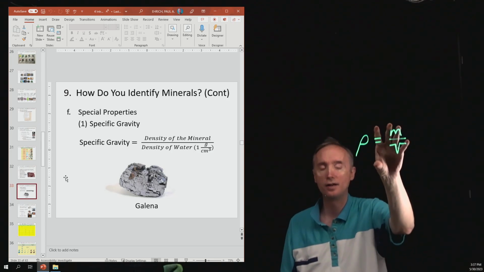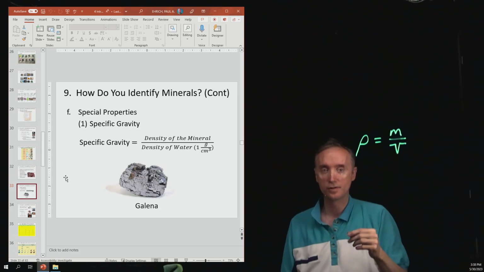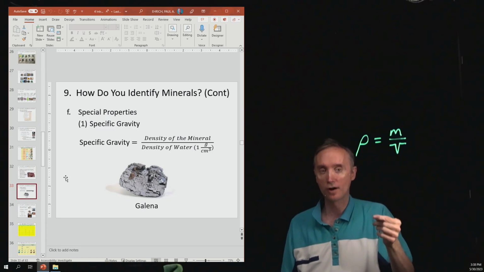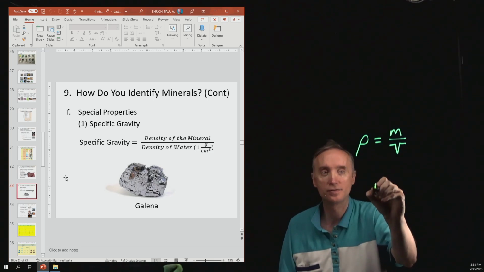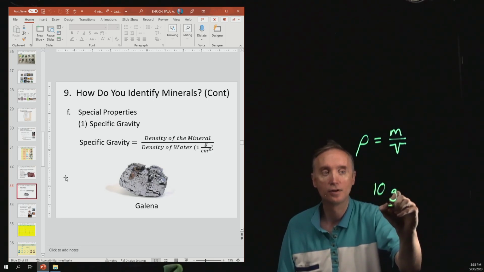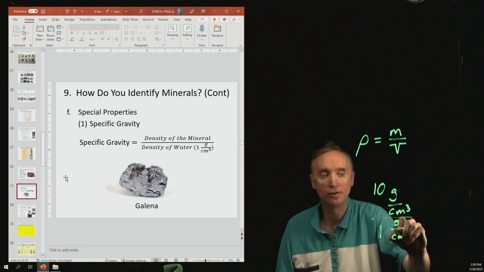Well, this is not really the way that most geologists think about density. Instead, they talk about specific gravity, which is the density of the mineral divided by 1 gram per cubic centimeter. Now, let's say that your density is 10 grams per cubic centimeter, and then you divide it by 1 gram per cubic centimeter. Well, what do you get?